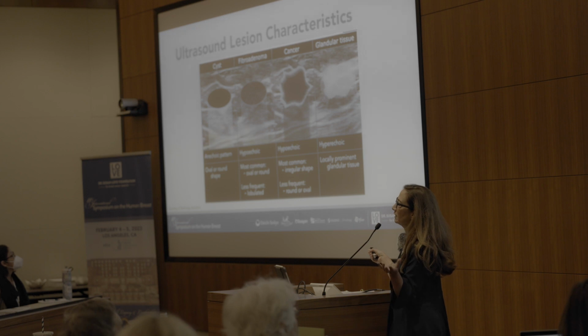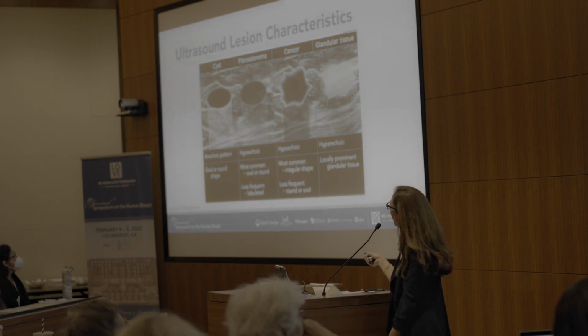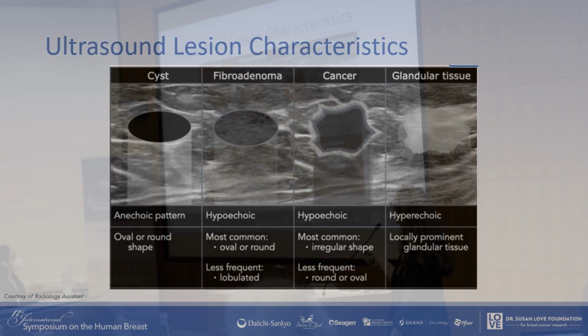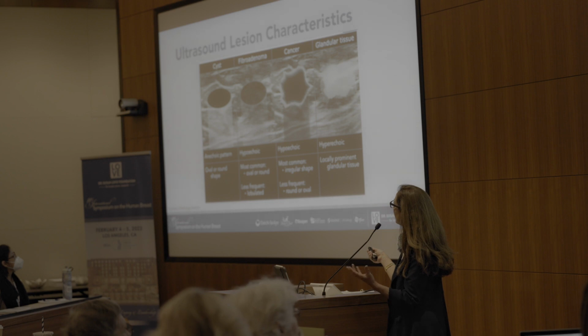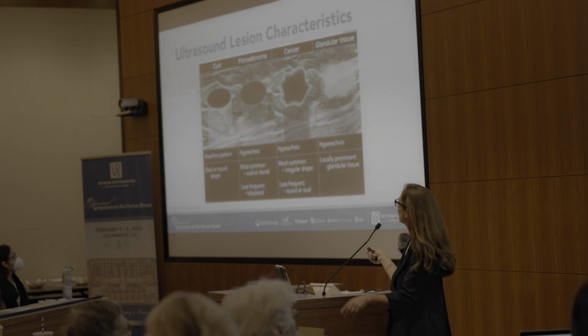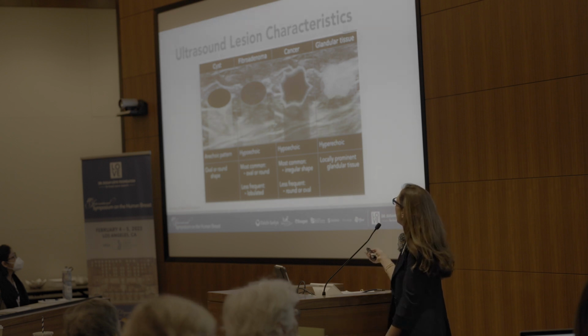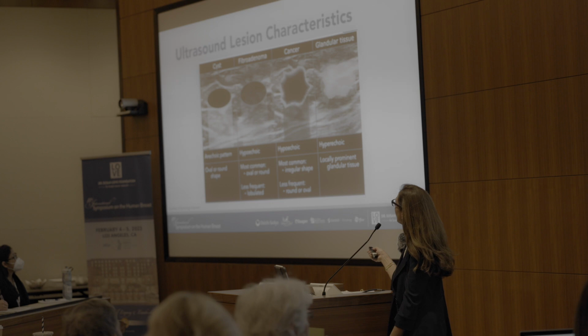Ultrasound is very good at classifying different lesions that we see. A cyst is a benign mass, oval, with good borders. A fibroadenoma is a solid benign mass, again an oval mass with good borders. Cancer is very ugly on ultrasound, very irregular in shape and hypoechoic, darker than the surrounding fat, while glandular tissue is normal, echogenic and bright.